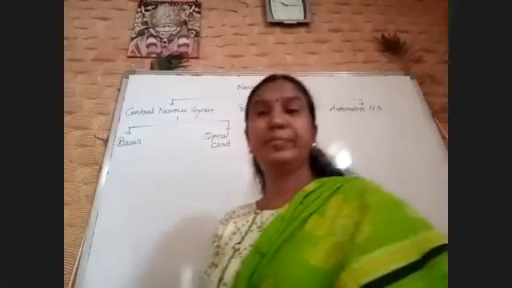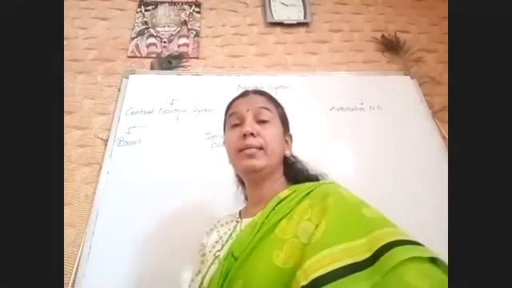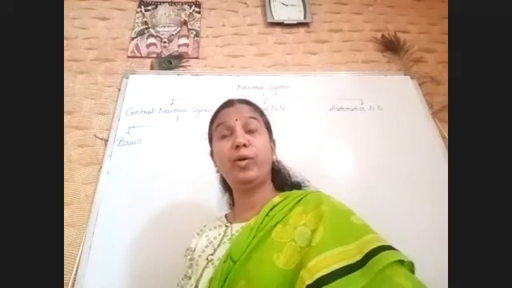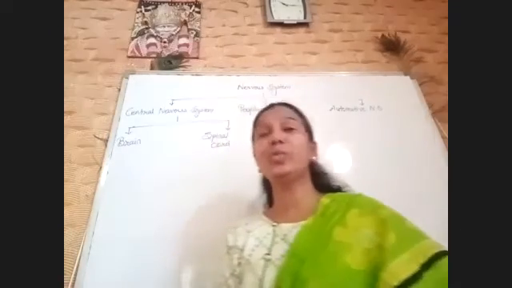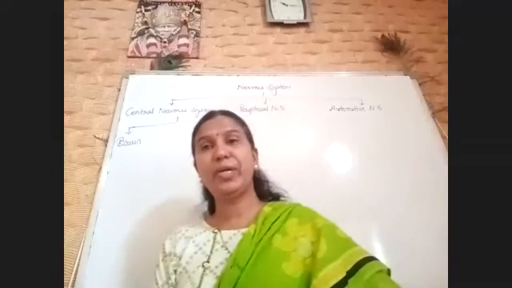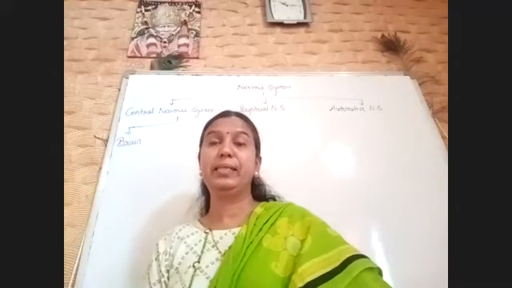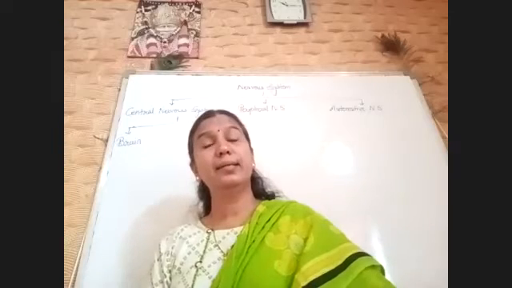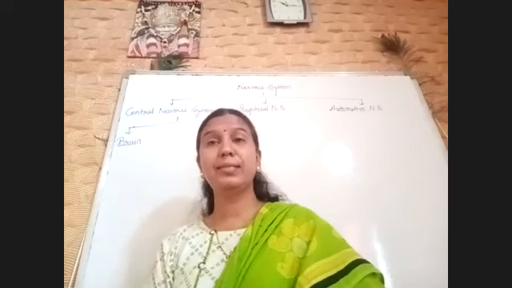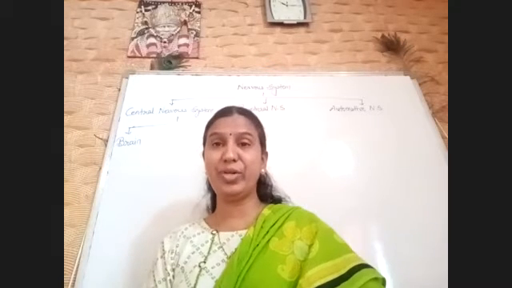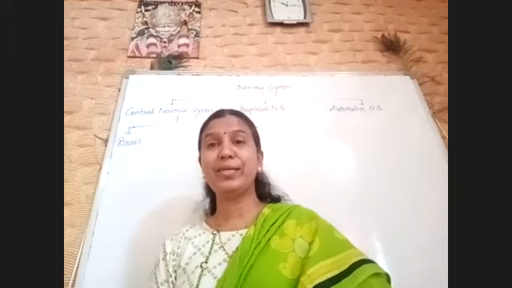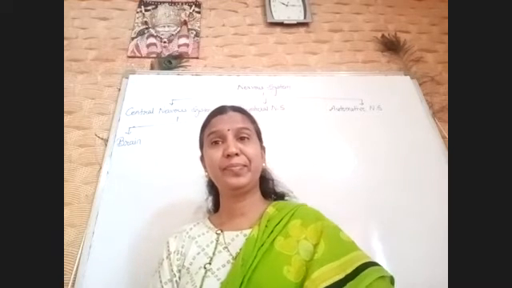This brain is a very complicated hollow structure which is covered by the cranium of the skull. And this brain contains cavities. These cavities are called ventricles. So 4 ventricles are there in the brain.